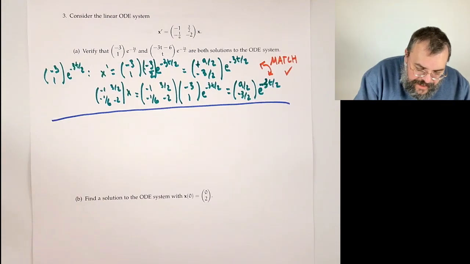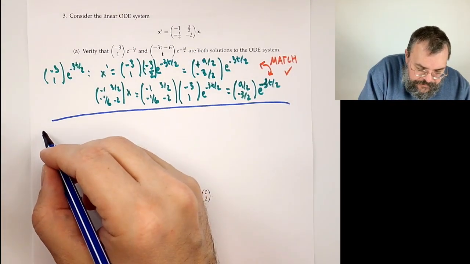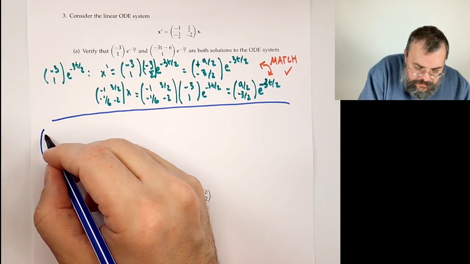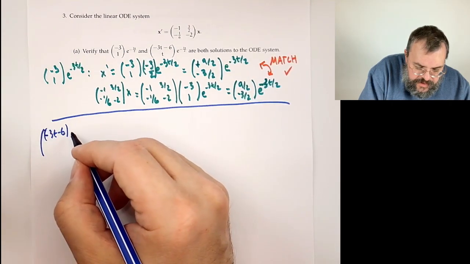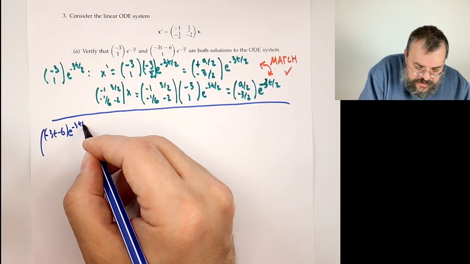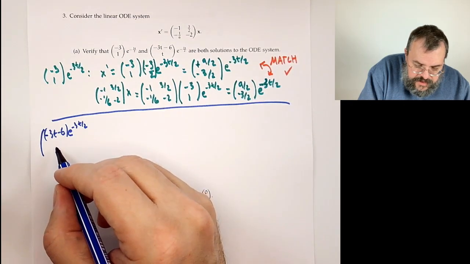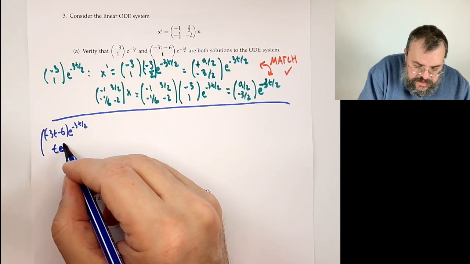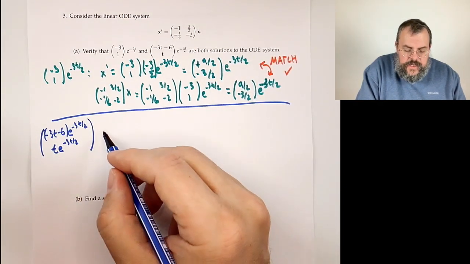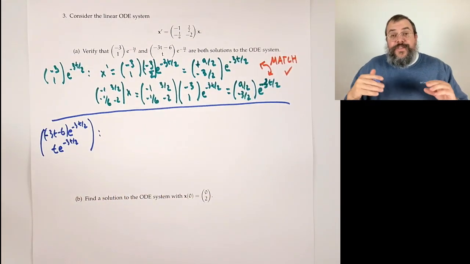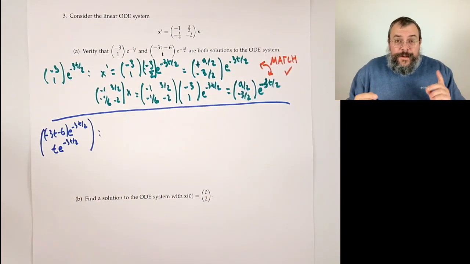So this is going to be minus 3t minus 6, e to the minus 3t over 2, and t, e to the minus 3t over 2. This is one way to write it, and I believe it will be the most convenient when we're doing the x prime.